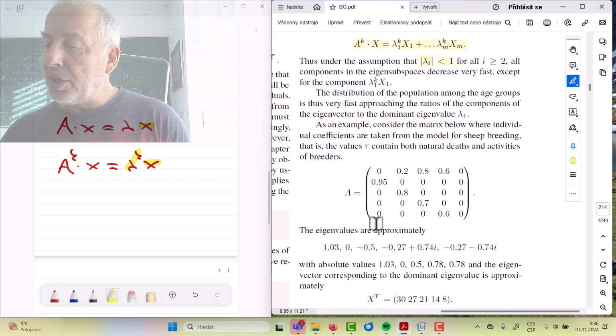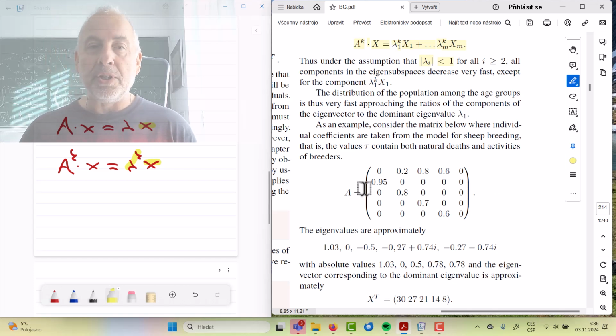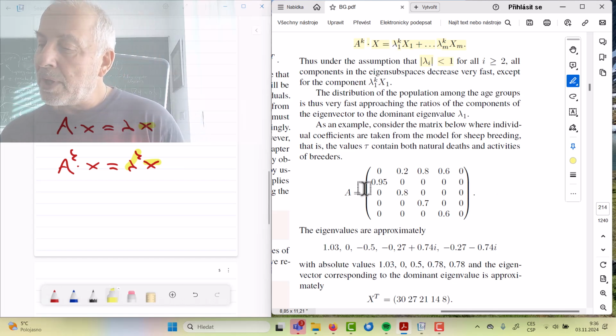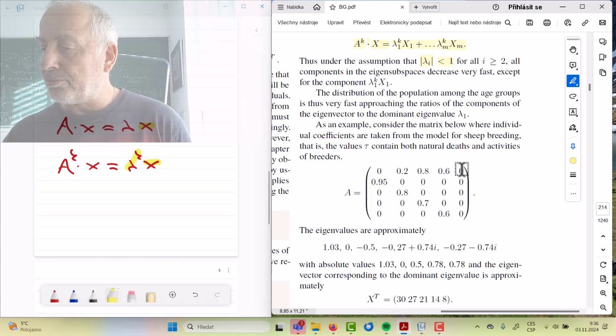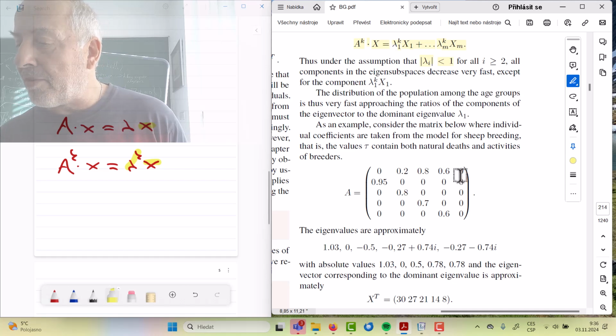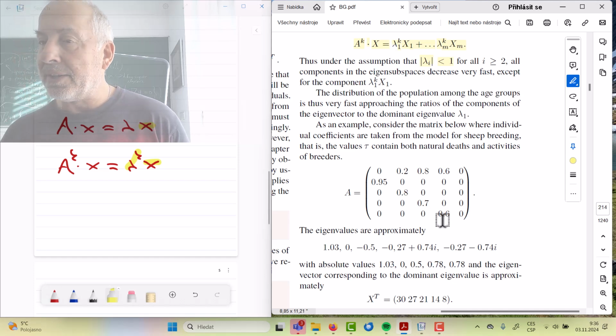And there is an example here. This is obtained from a real-world situation, breeding of sheep in New Zealand. You see you have 5 cohorts, by 1 year. The eldest one does not give any new breed, and no one lives longer than 5.